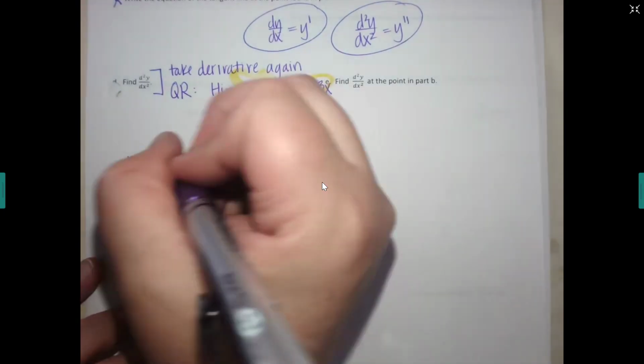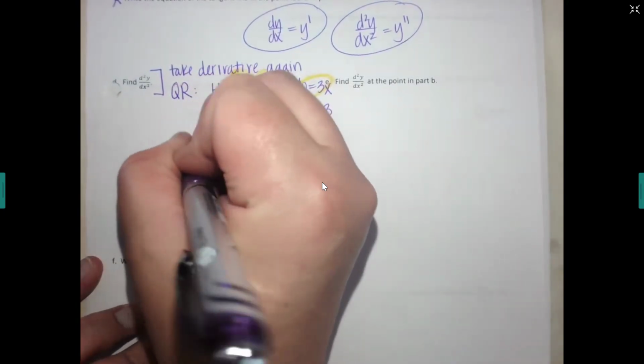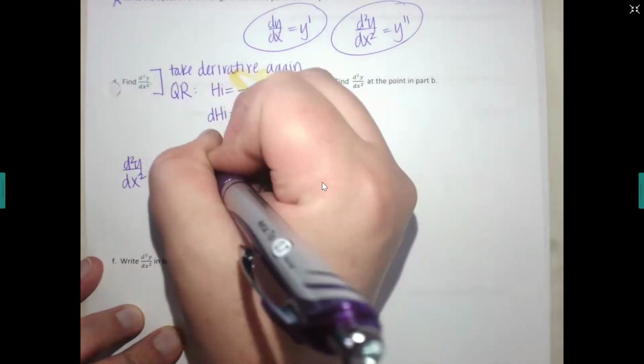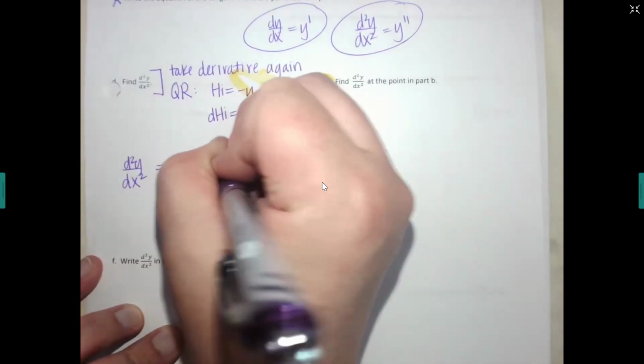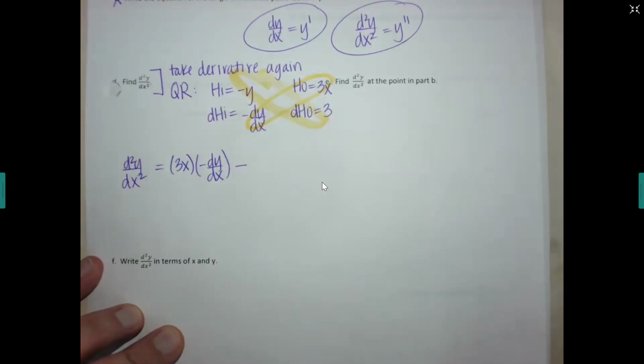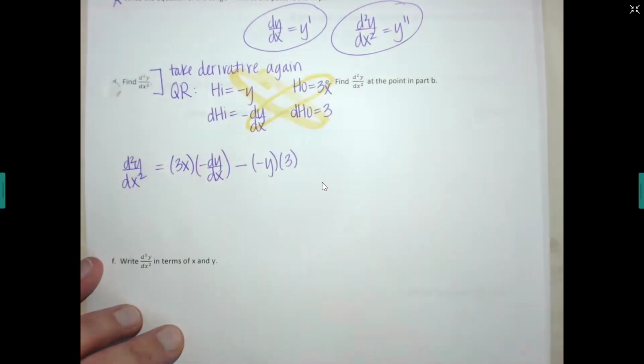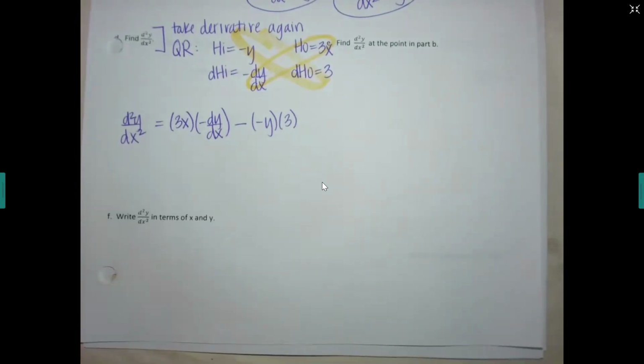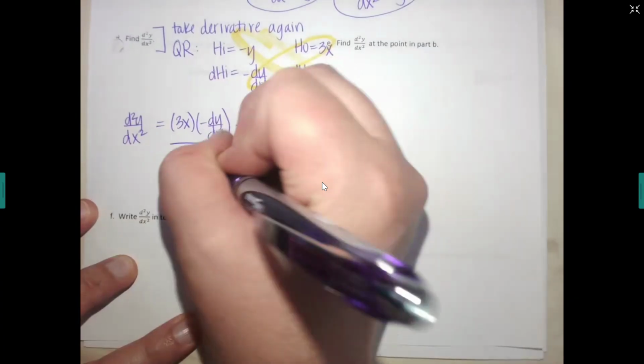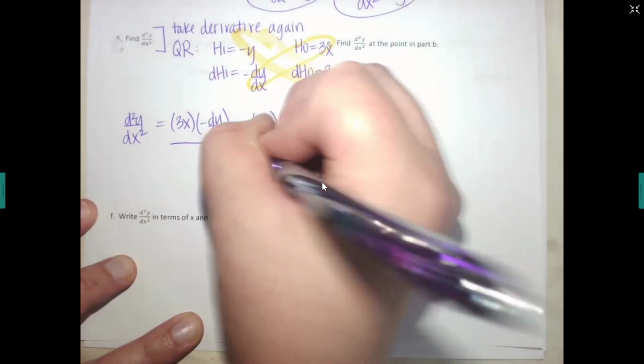So 3x times a negative dy dx minus high d ho would be a negative y times 3. And then all of that over ho squared would be a 3x squared.